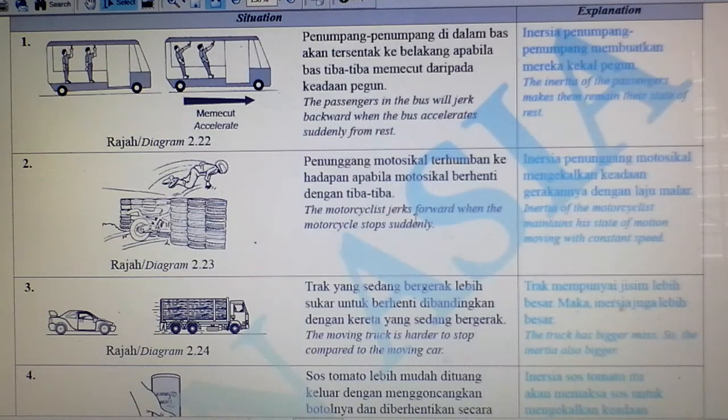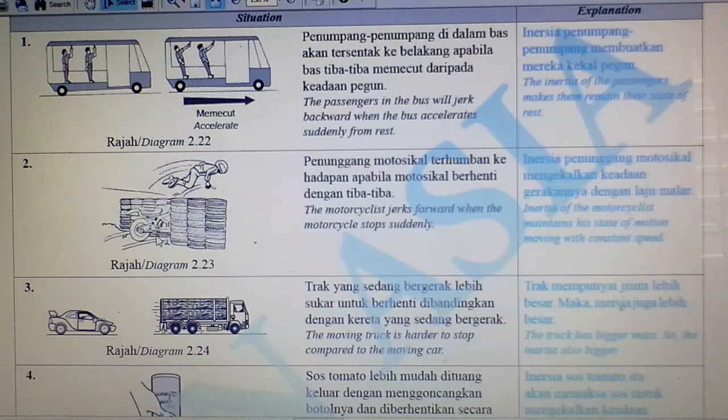Okay, number 2. The motorcyclist jerks forward when the motorcycle stops suddenly. So you want to explain using the concept of inertia. Inertia of the motorcyclist maintains his state of motion, moving with constant speed. Okay, meaning at first, the motorcyclist is moving forward with the motorcycle.